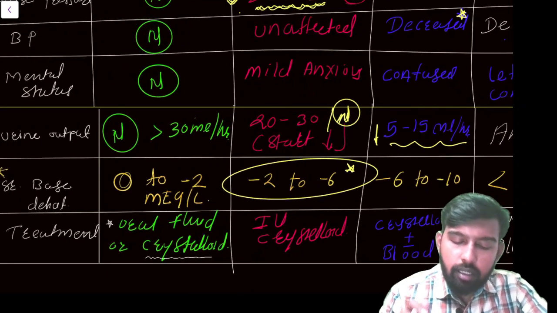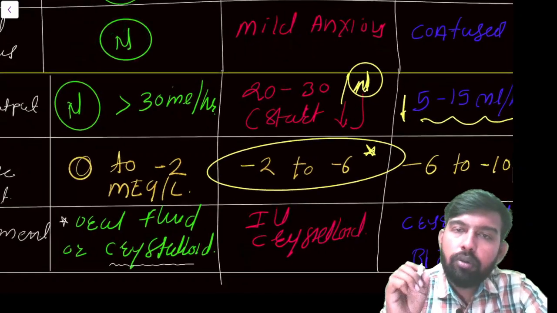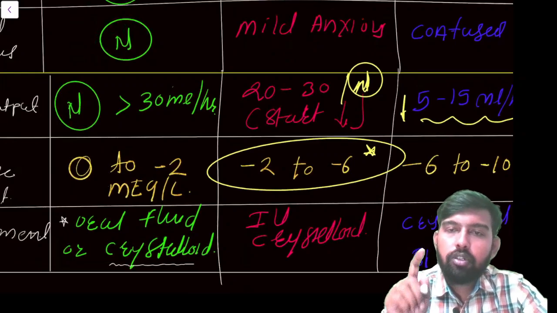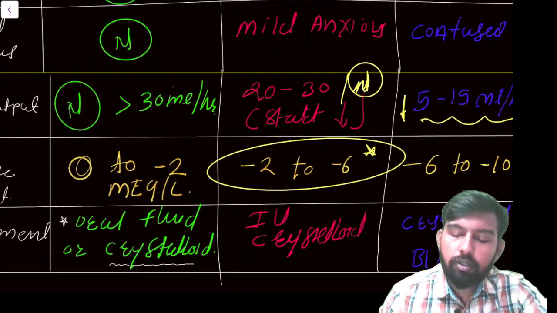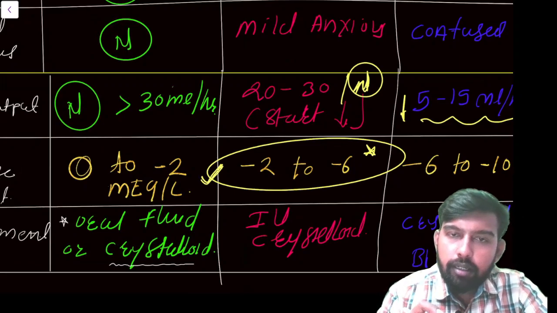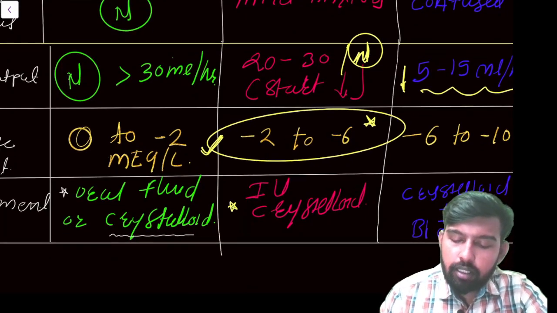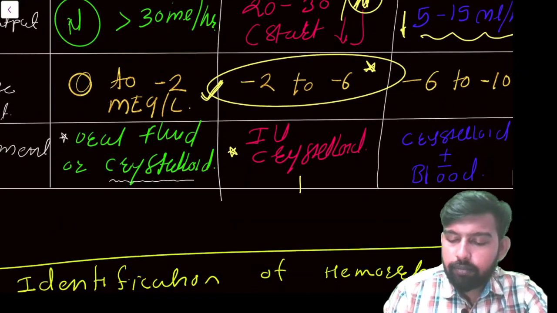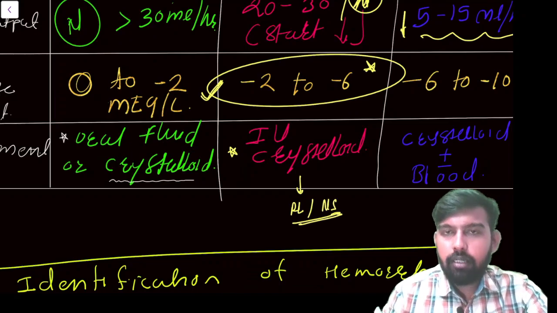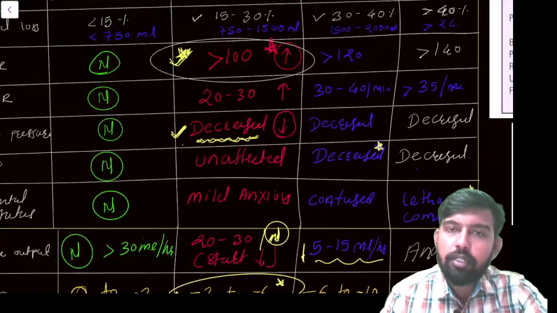So there is a base deficit of about -2 to -6 milliequivalents. So in case of a class 2 shock also, there is a lactic acidosis present, and this could be treated by infusion of IV crystalloid. IV crystalloids are Ringer lactate solution or normal saline. So remember, this is all about the class 2 shock.